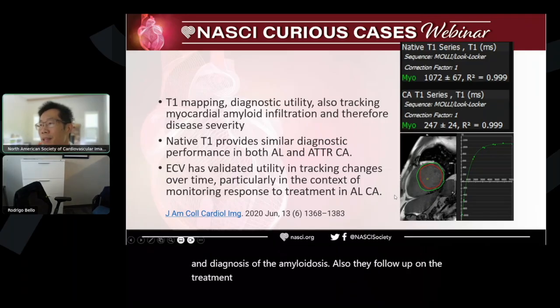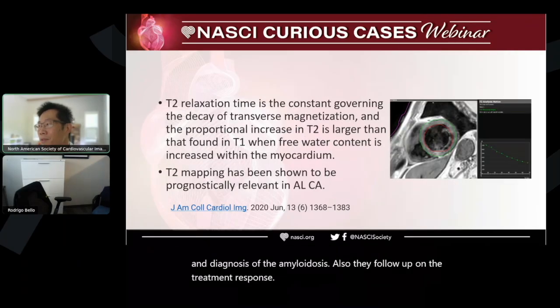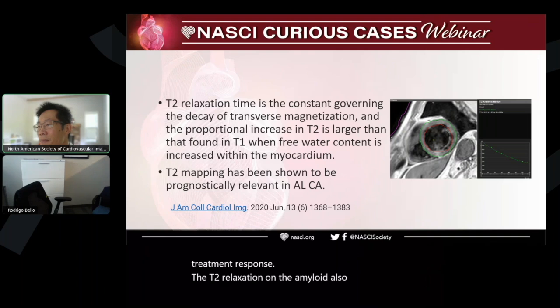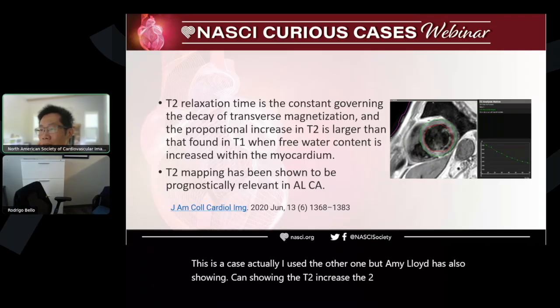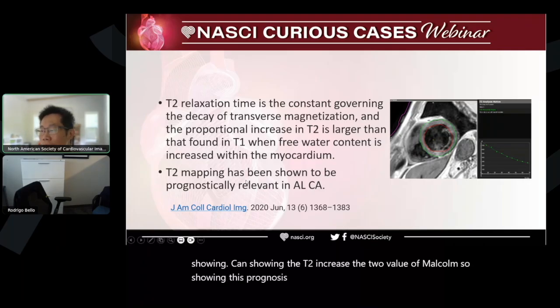The T2 relaxation in amyloid is also elevated. This is a case where I used another one, but amyloid can also show increased T2 value of the myocardium, which is prognostically relevant in patients with cardiac amyloidosis.